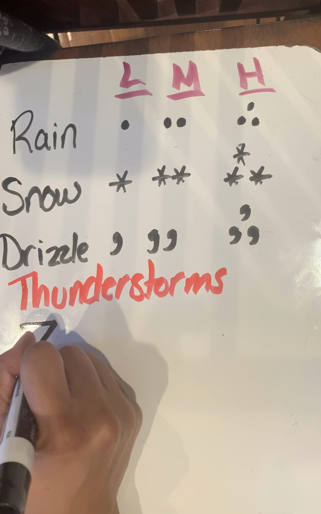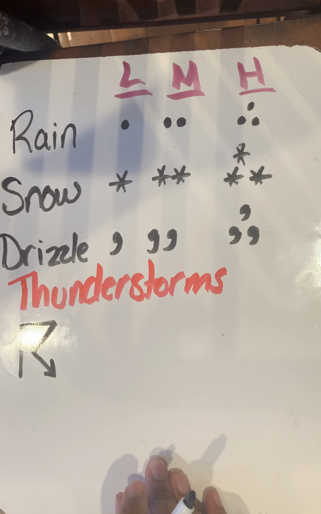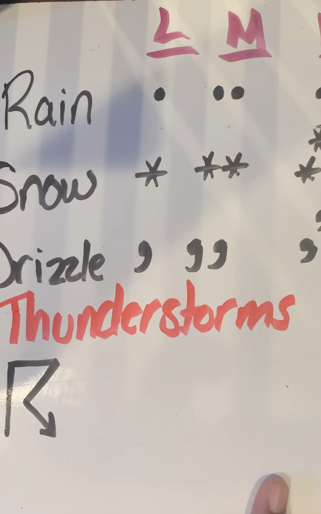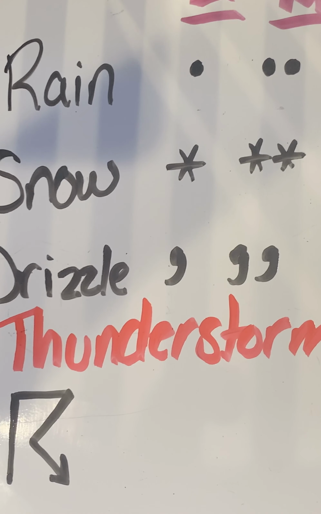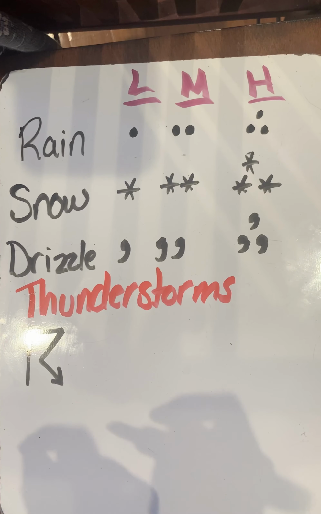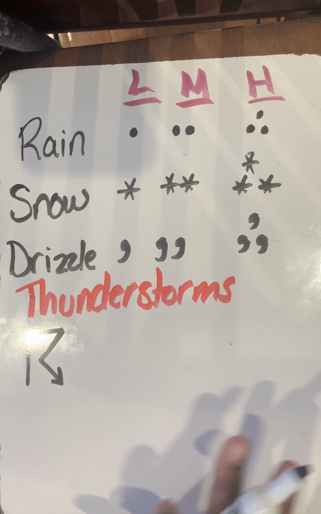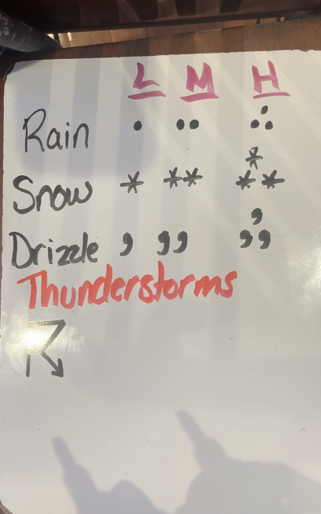It almost looks like an R with no curves. You see that? That's a thunderstorm. And on top here is what type of precipitation is coming out of that thunderstorm, out of that cumulonimbus cloud.